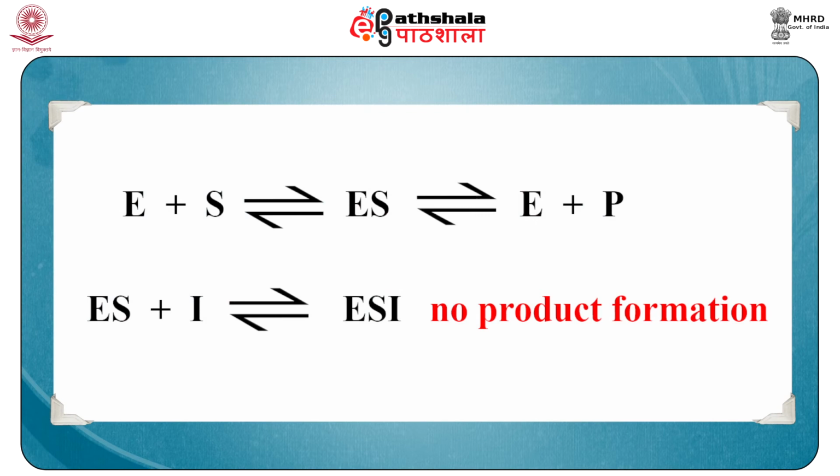In this type of inhibition, the inhibitor I binds directly to the enzyme substrate or ES complex as indicated. E plus S gives rise to ES, which then gives rise to enzyme and product. A further reaction takes place wherein ES binds to I and gives rise to a complex ESI. However, ESI gives no product.